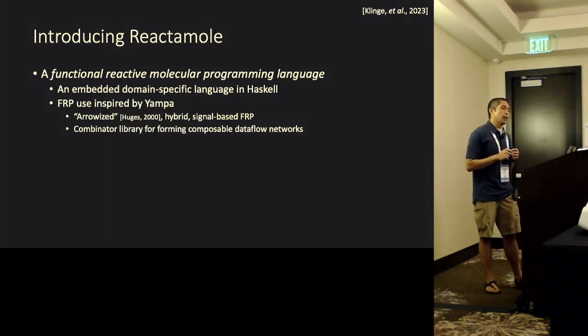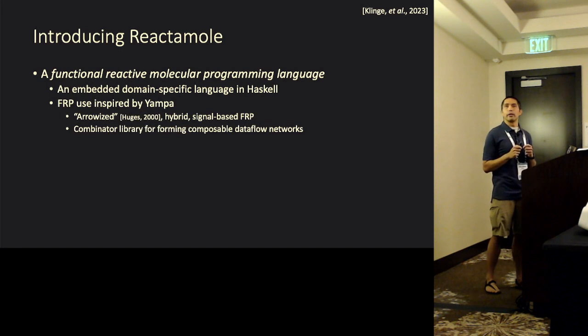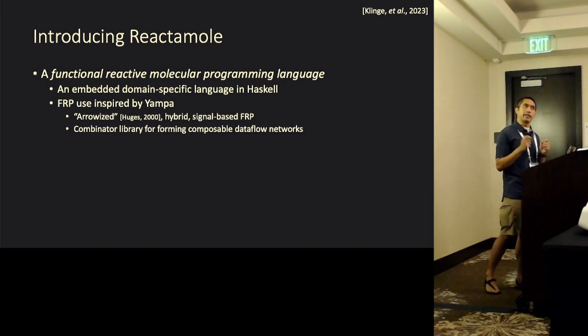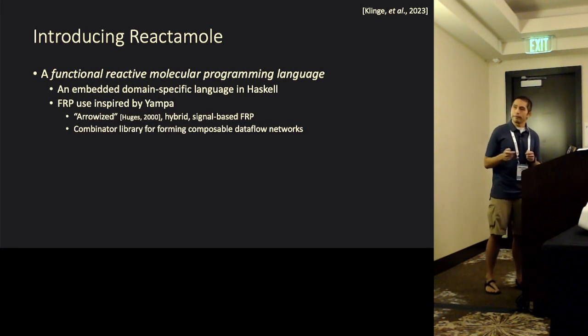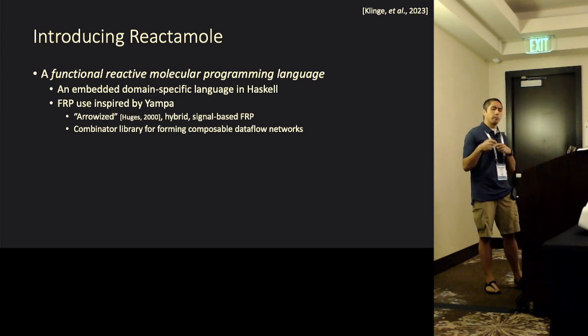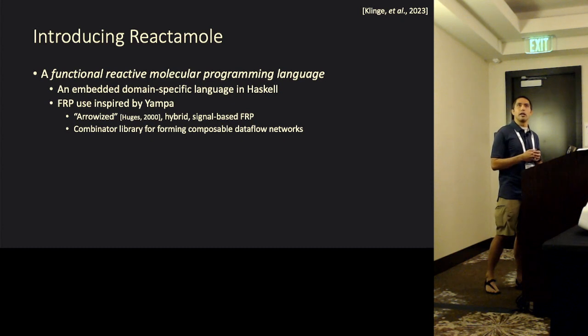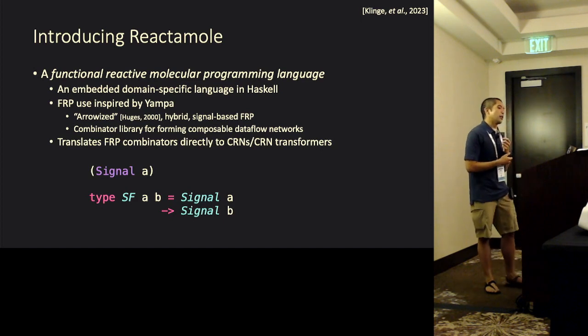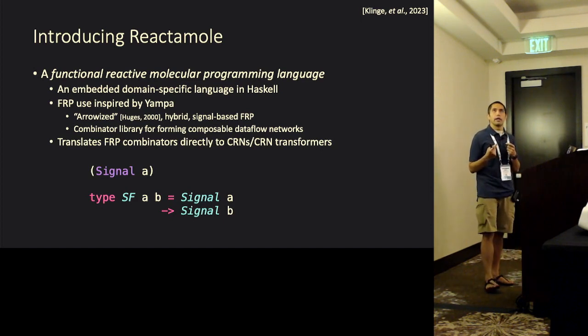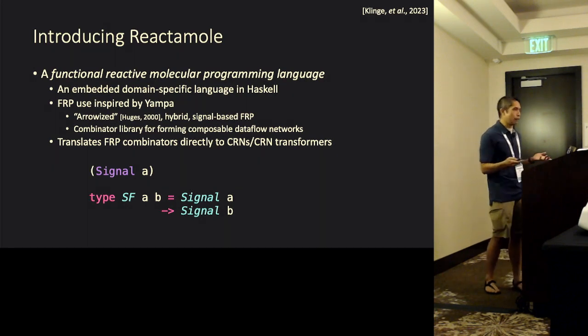In particular, our approach to functional reactive programming is inspired by Yampa using this arrowized approach, where a program is the combination of a bunch of primitive signals built up with combinators to allow us to build more complicated signals from simpler signals. Our key insight is a direct translation of the signal language from FRP into the world of chemical reaction networks. It's pretty straightforward.